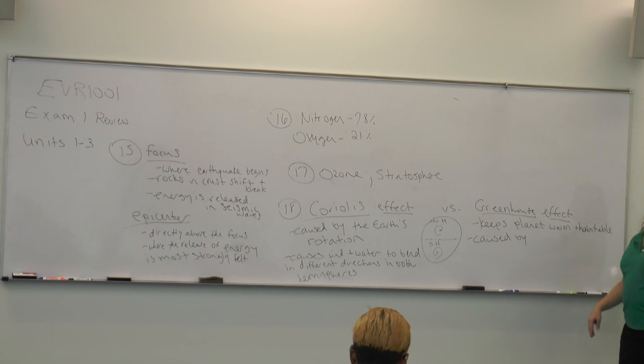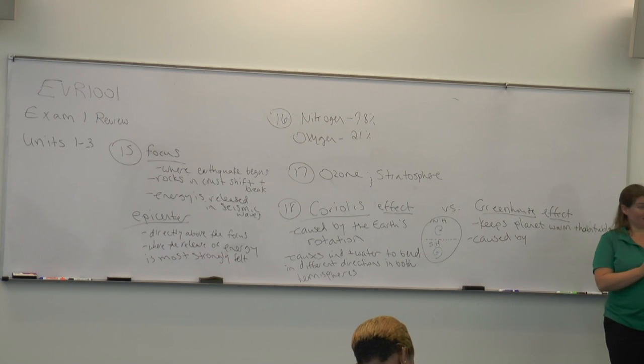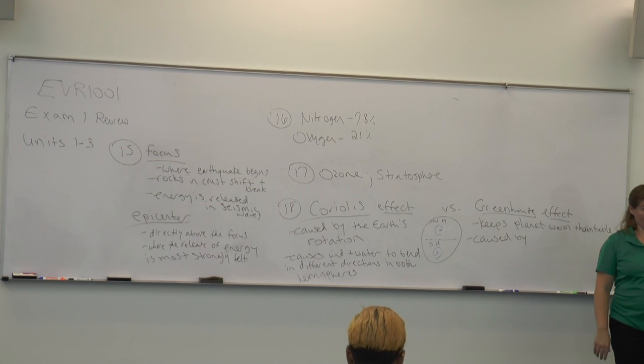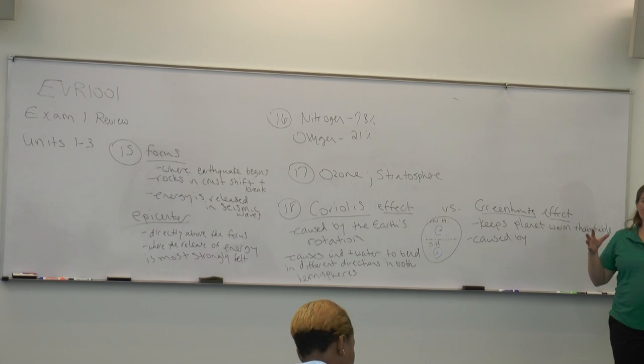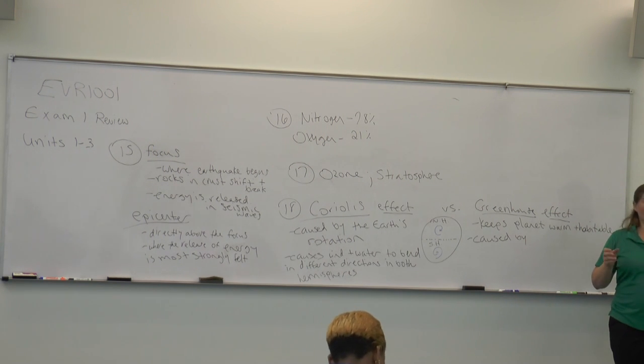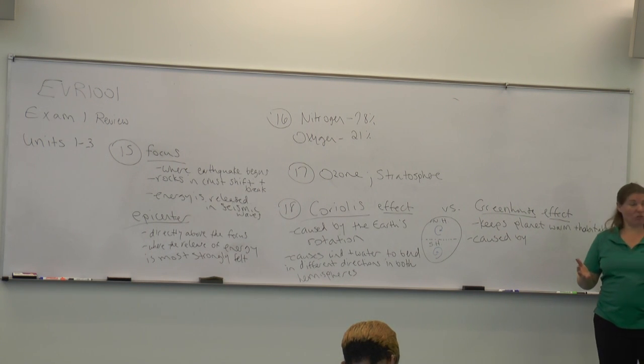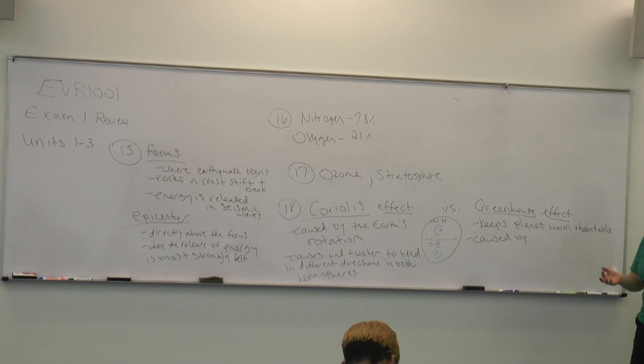Methane is one of the gases that's important in the greenhouse effect, but what's the bottom line? Some heat gets trapped, and some heat from the sun reflects back out into space. We don't want all that heat from the sun, it would get too hot.